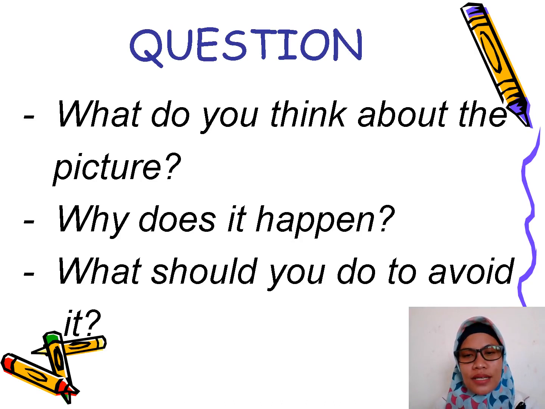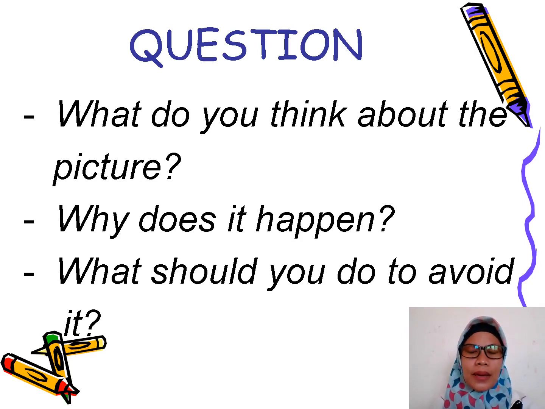Jadi dari gambar-gambar tersebut, dari seorang anak yang tidak mau makan, and then seorang wanita yang ingin memuntahkan makanannya, and for the last picture, seseorang yang sedang membuang makanan ke dalam tempat sampah.